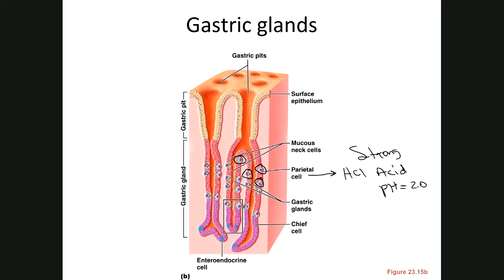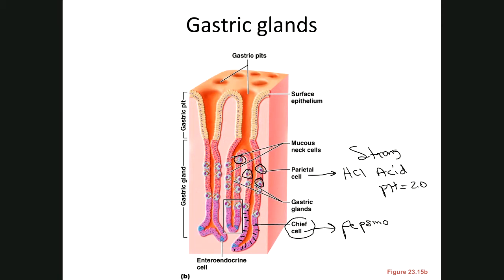We also have these cells here, which are called chief cells. So that's all of these. Chief cells make an enzyme. The enzyme is called pepsinogen in its inactive form.